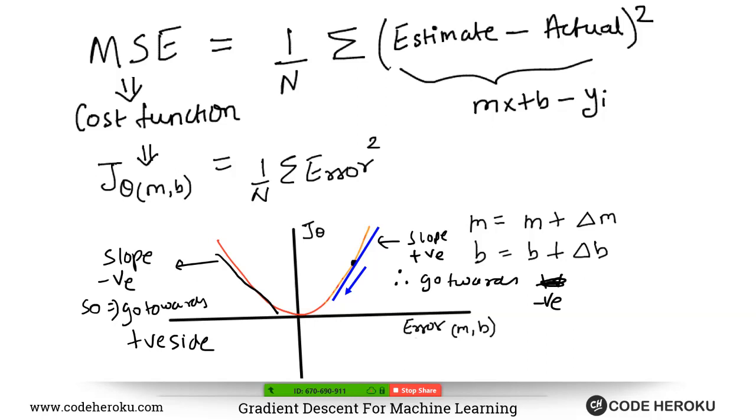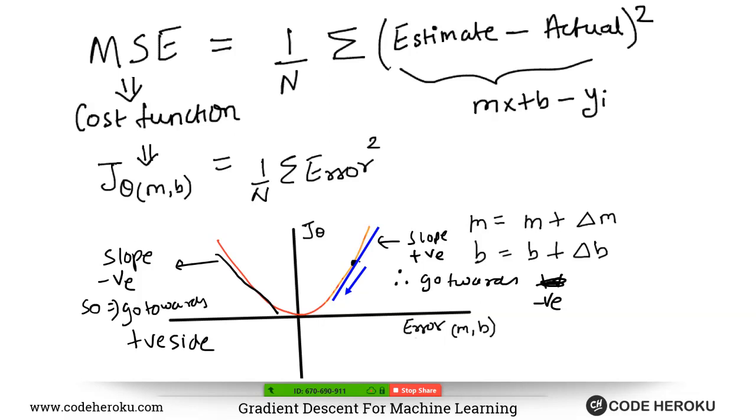Does everyone agree that what we could do is to find whether you should go towards the left or the right? What we'll do is first find the derivative at that point. We'll find the slope of a line which is tangent at that point. That is the derivative at that point, right?